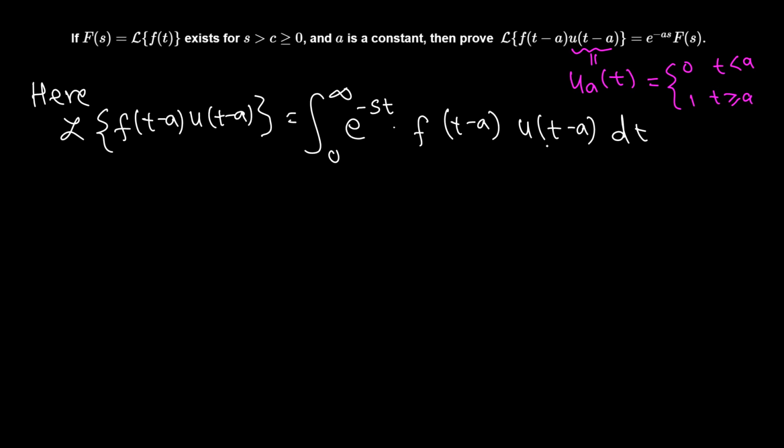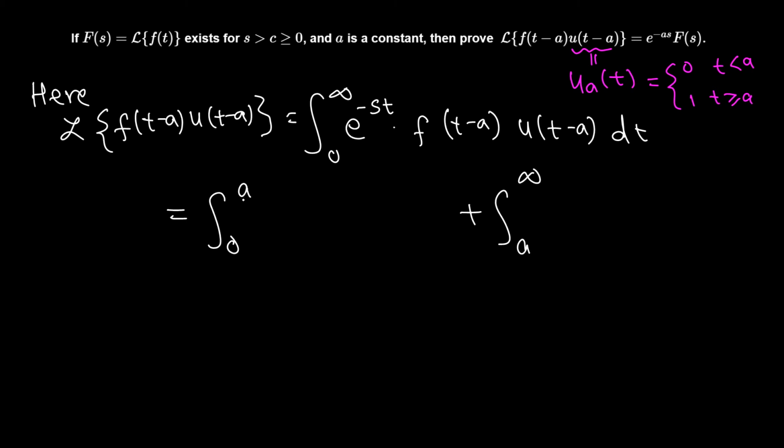But this function is sometimes 0 and sometimes 1, so we need to divide this 0 to infinity into two parts, 0 to a, and then after a all the way to infinity.